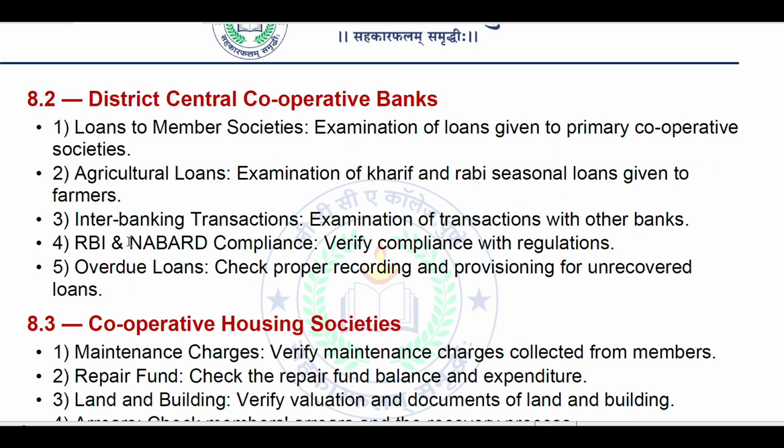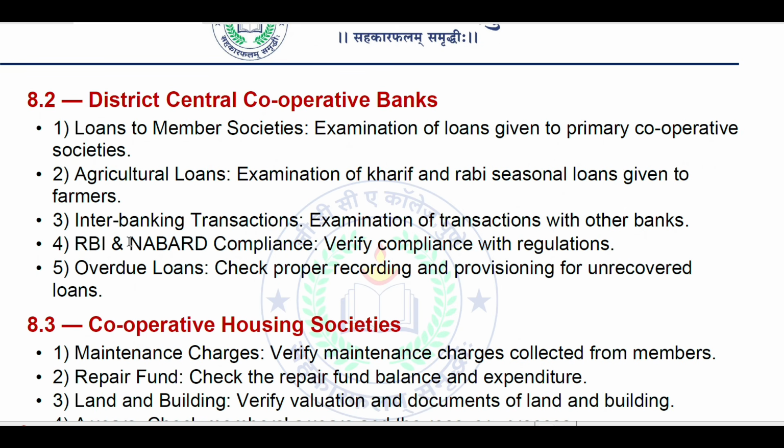Number 2, District Central Cooperative Bank, that is DCCB. Again, mention special features in the answer. Loans to members and societies: examination of loans given to primary cooperative societies and agricultural loans, examination of Kharif and Rabi seasonal loans given to farmers.